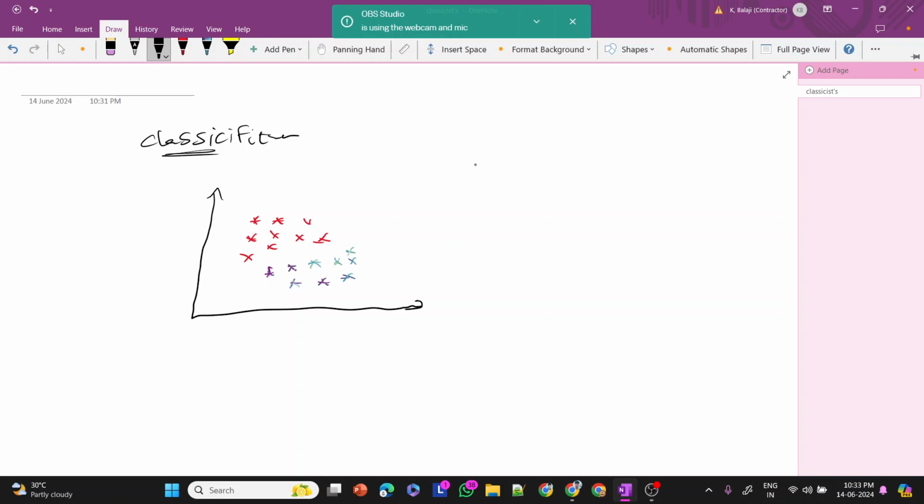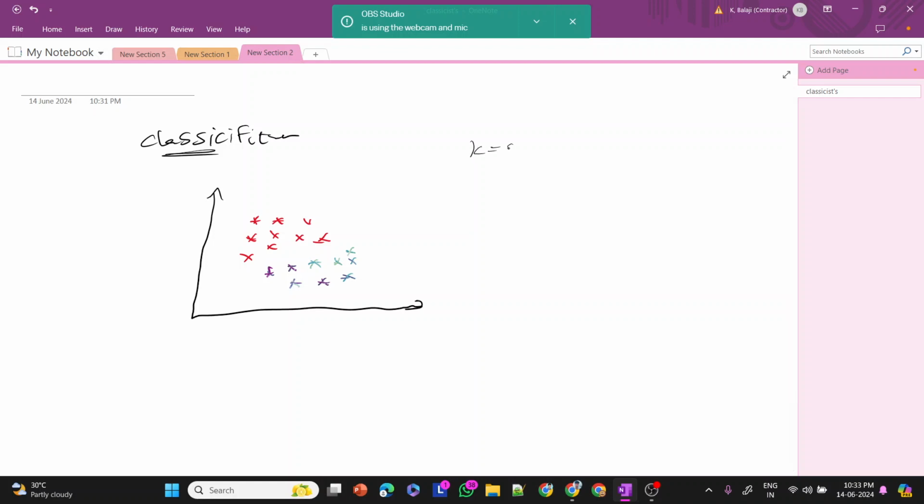Whenever we use this algorithm, we want to define a k value. What is the k value? Let's see why this k value is important.